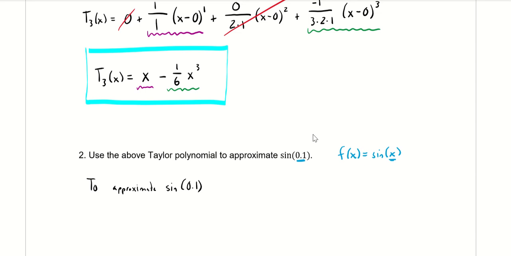So if I want to use this thing to approximate the sine of 0.1, I'm going to plug in this x, this 0.1, everywhere I see an x in my Taylor polynomial. So in other words, I'm going to use the third Taylor polynomial at 0.1. And so everywhere I see an x up here, I'm going to plug in 0.1. 0.1 minus 1/6 times 0.1 cubed.